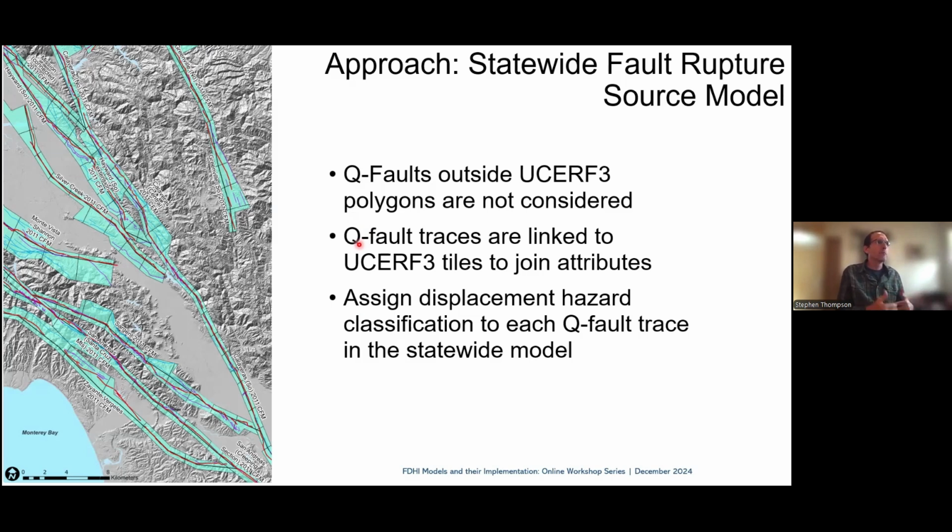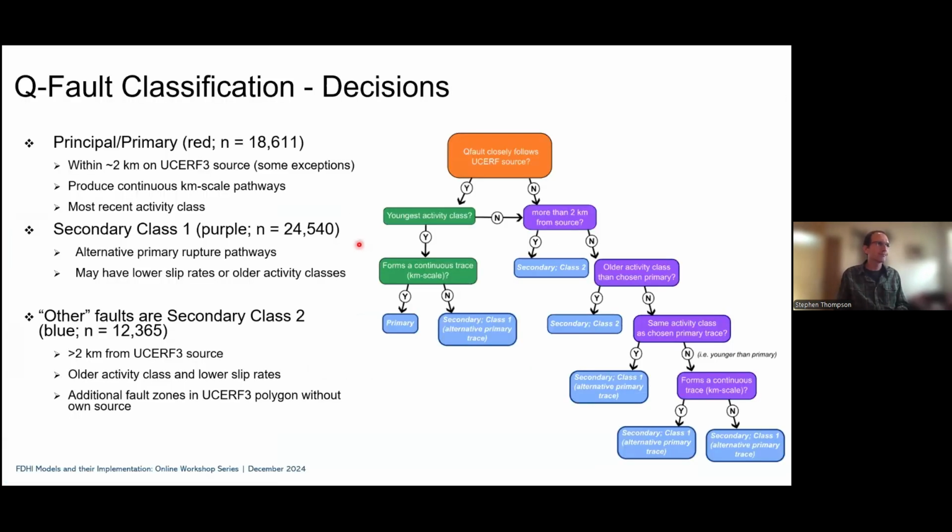And then one of the major steps that is placing us a little bit at risk is we need to do a classification scheme for each quaternary fault trace to understand whether those fault traces are capable of full principal displacement hazard or maybe some sort of secondary or distributed displacement hazard.